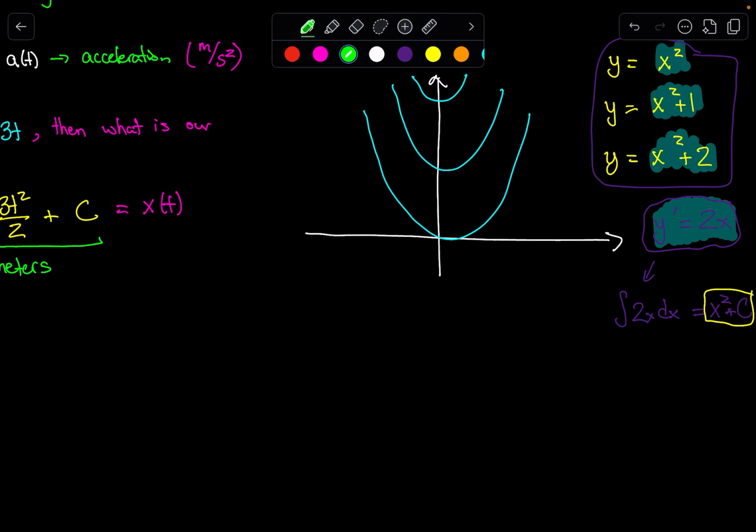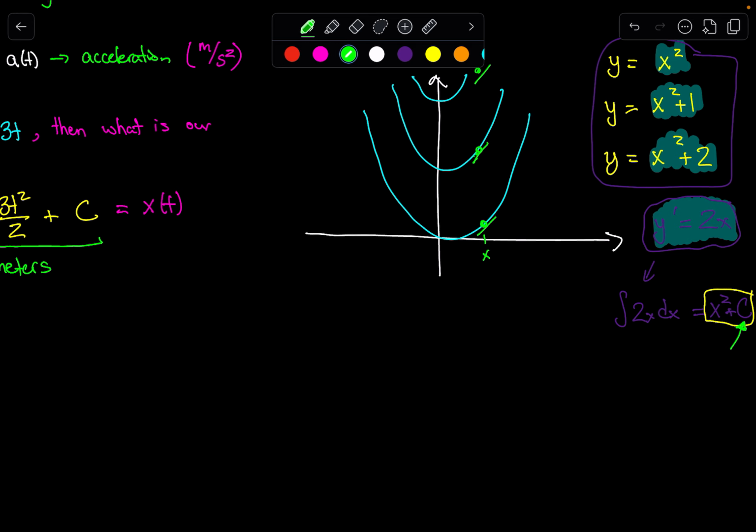You pick any given x value, let's say I pick this x value, they're all going to have the same exact slope. And so we need one more bit of information to really pin down which value of c this is. Which graph were we talking about in the first place?